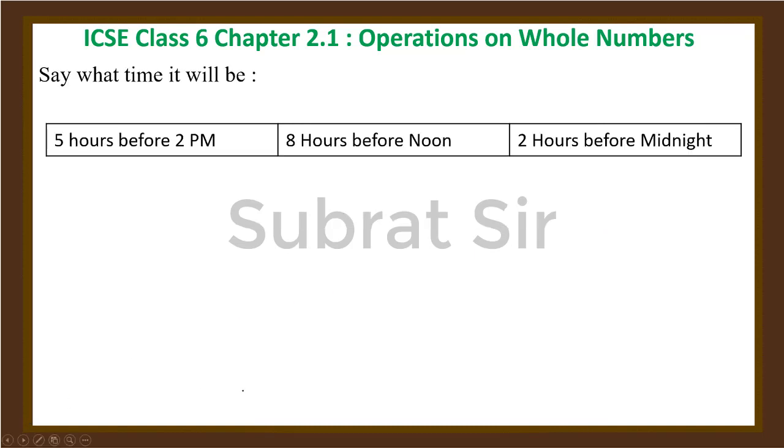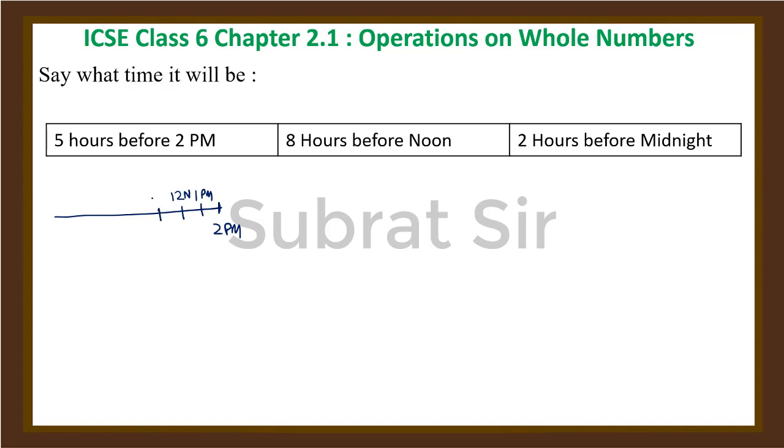Then say what time it will be 5 hours before 2 p.m. Okay, let's draw a number line. This is 2 p.m. Okay, 5 hours before. So 1 hour before it is 1 p.m. Again 1 hour before it is 12 noon.